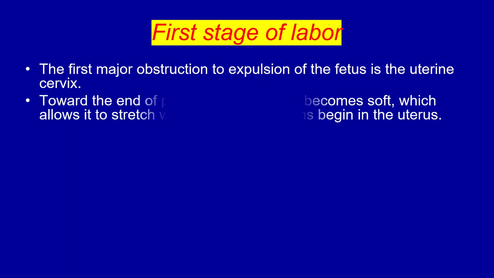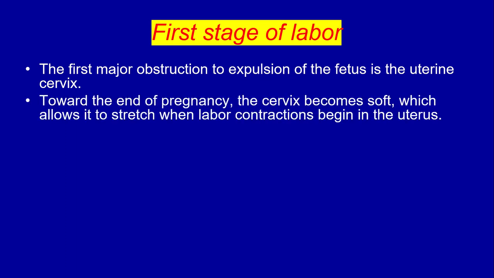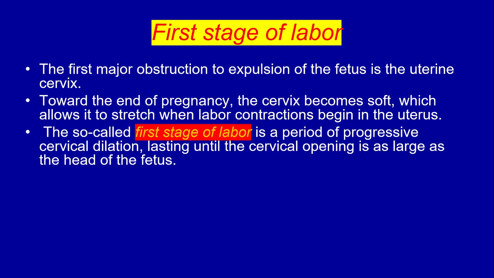First stage of labor. The first major obstruction to expulsion of the fetus is the uterine cervix. The cervix prevents expulsion of the baby from the uterus. Towards the end of pregnancy, the cervix becomes soft, which allows it to stretch when labor contractions begin in the uterus.